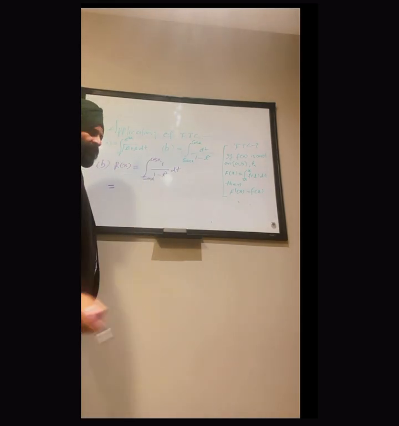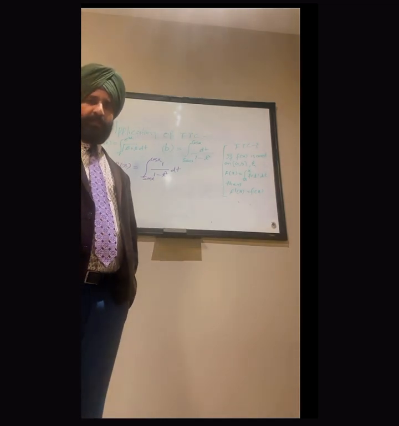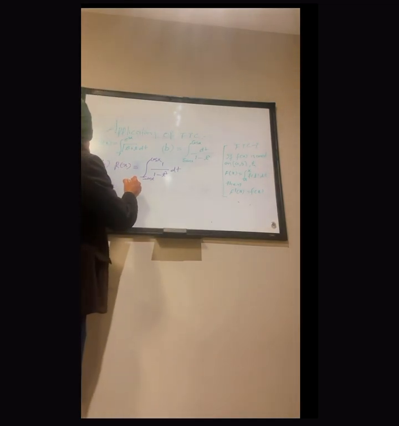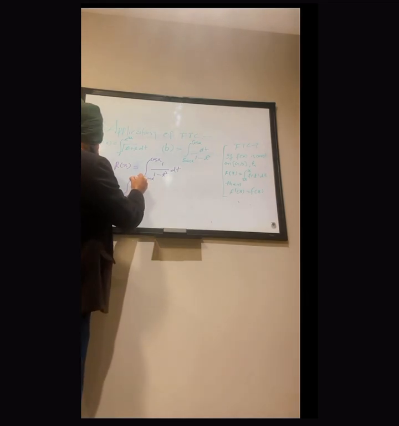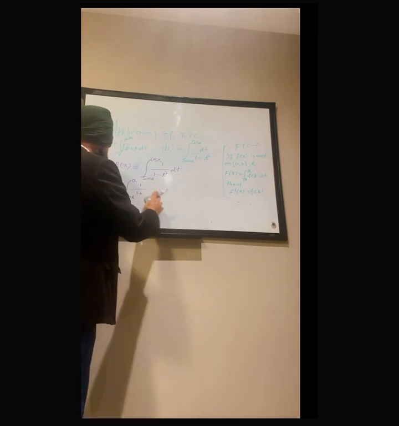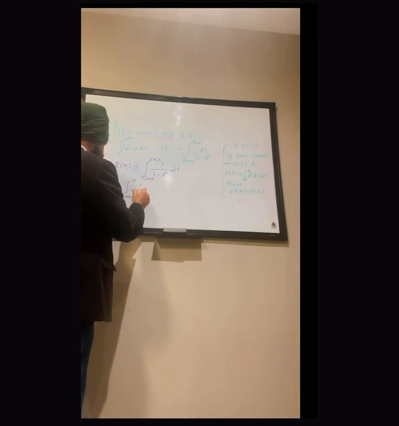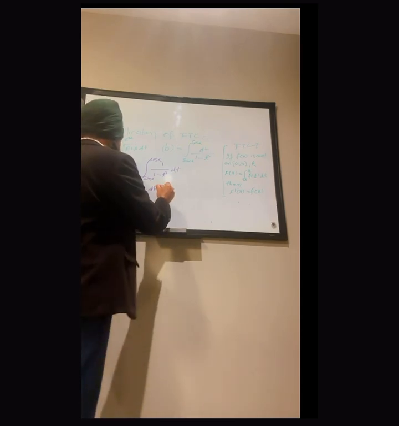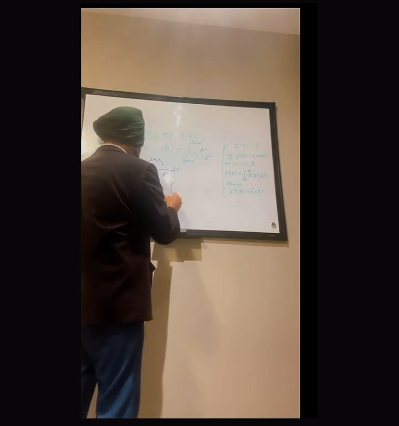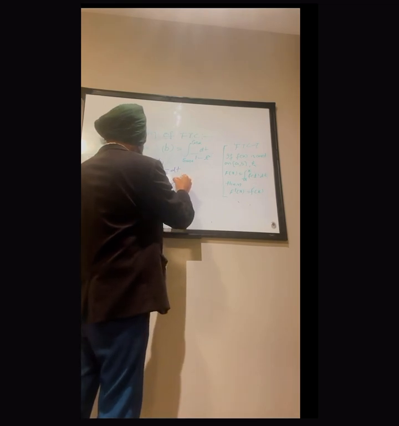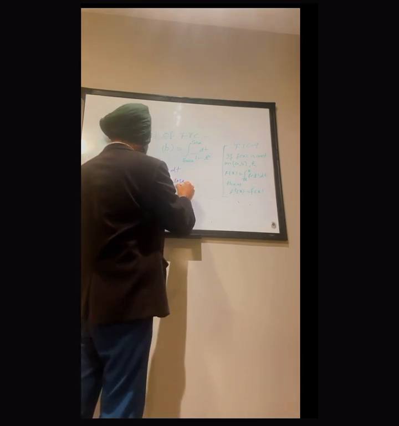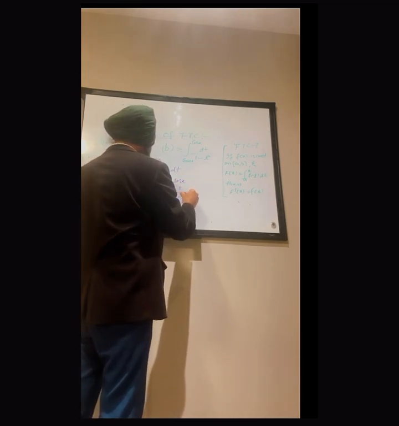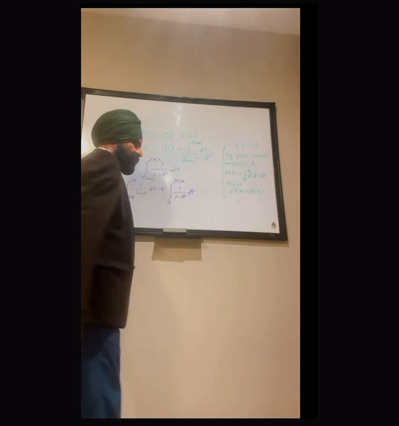split this integral into two integrals: the integral from sin x to a of 1 upon 1 minus t squared dt plus the integral from a to cos x of 1 by 1 minus t squared dt.